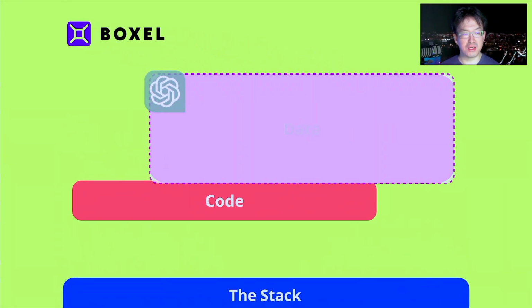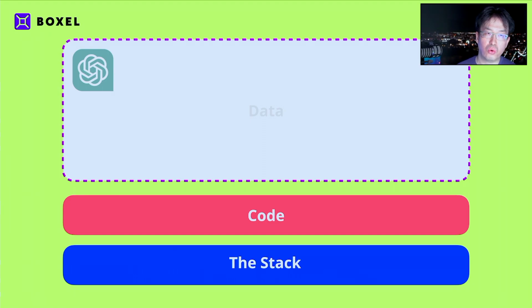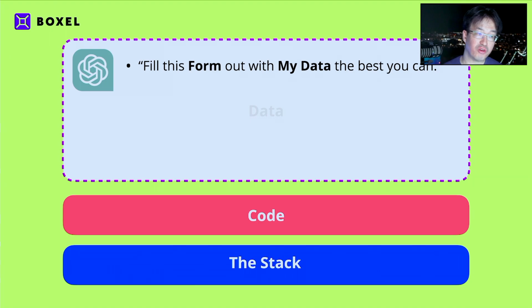So the question is, given the assumption of Boxel, what can you do with this code and stack that is already ambiently available to do use cases? One way could be: fill this form out for me with my data. Let's say your data is already in Boxel, your address, your seat preferences. You can say, fill this form out for an itinerary, and I don't have to copy and paste and refill it.